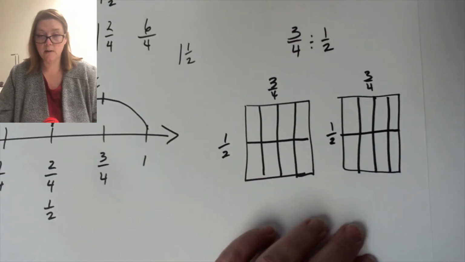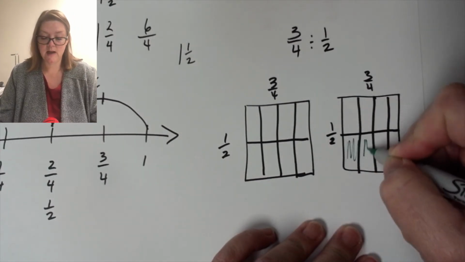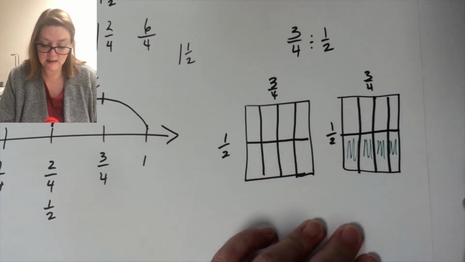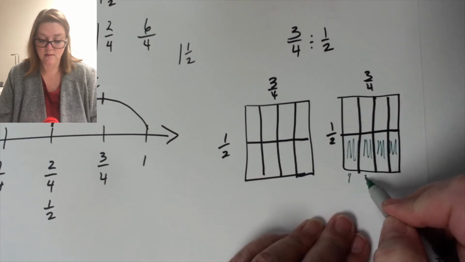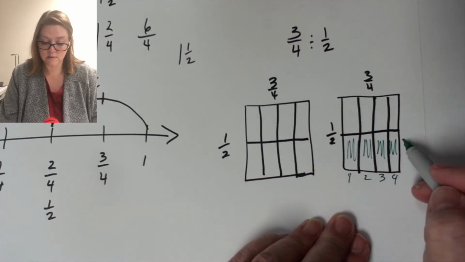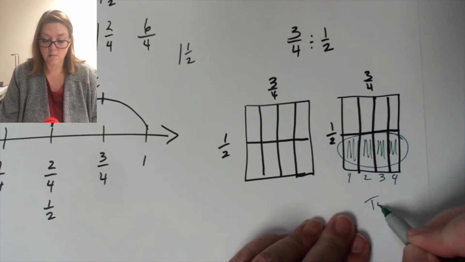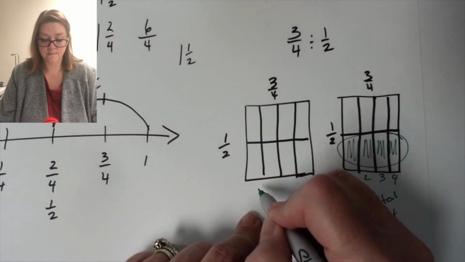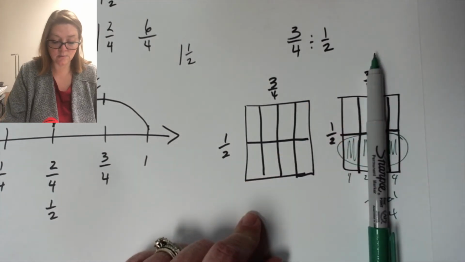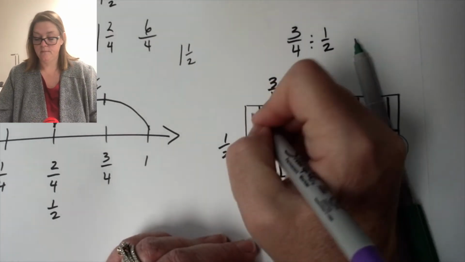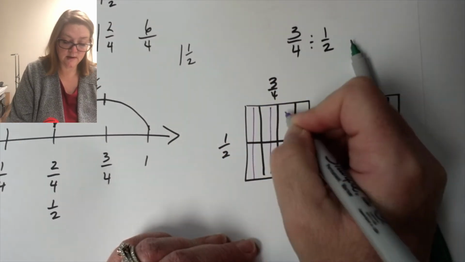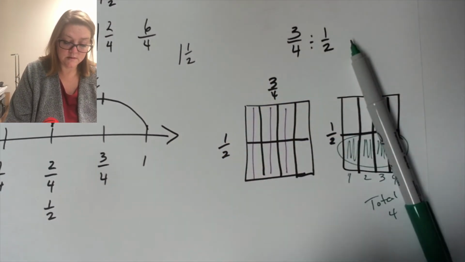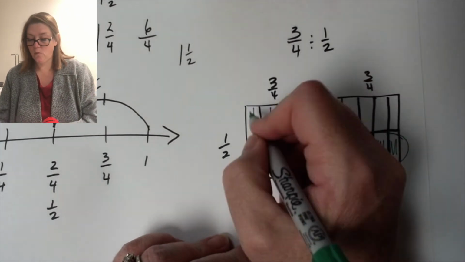Now what I'm worried about is the half on this side. How many pieces is that half? Well, it's 1, 2, 3, 4. So my total group is 4. So how many in these 3/4, which is down through here, do I have 4?